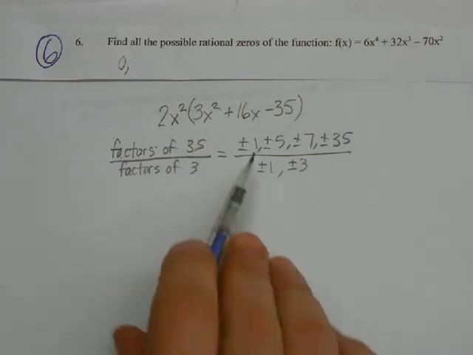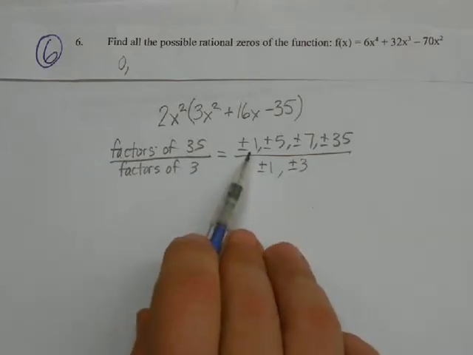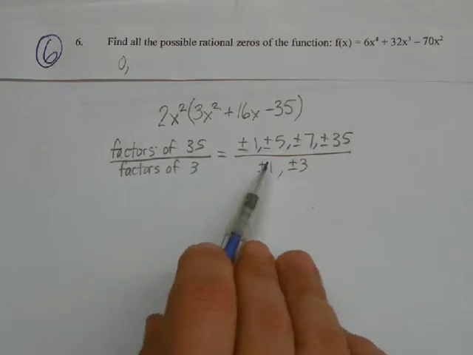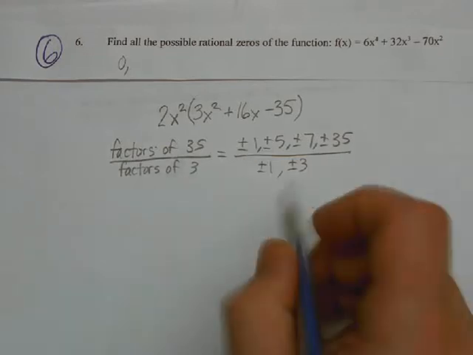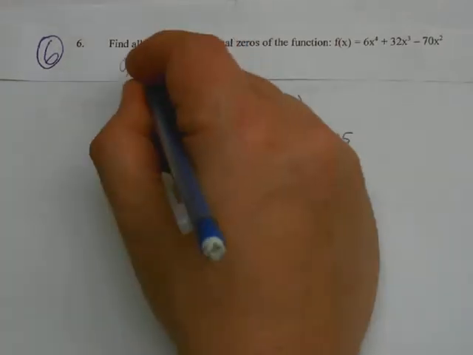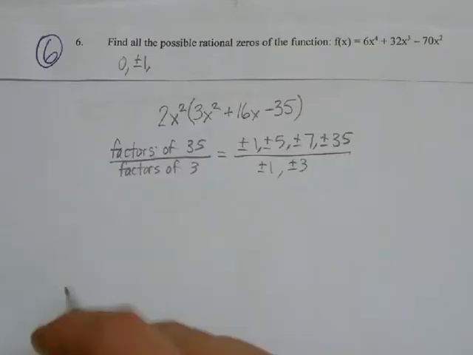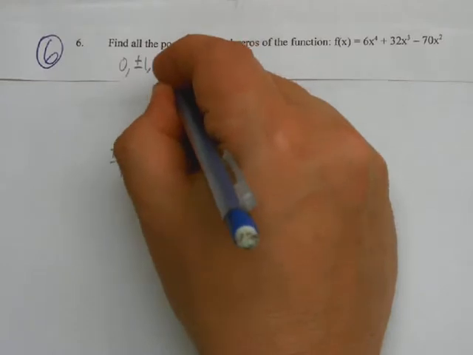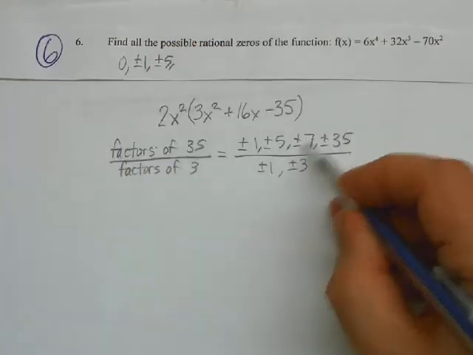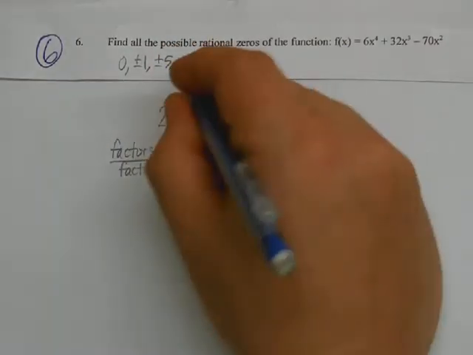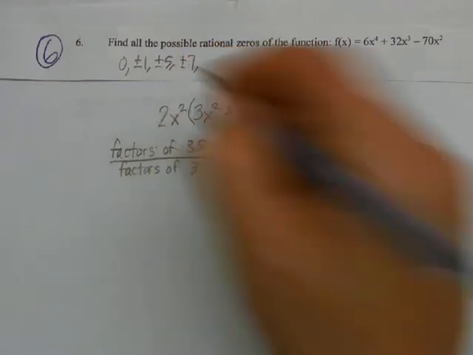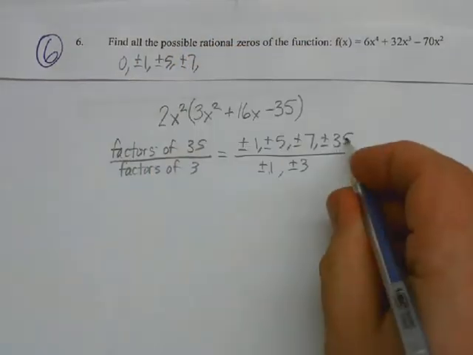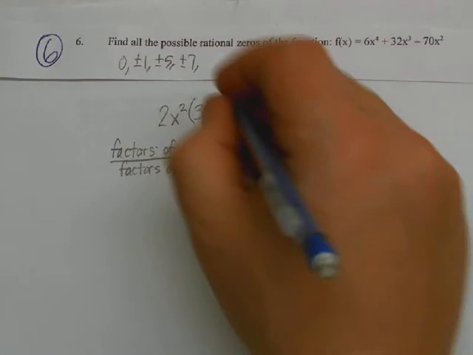So let's go ahead and do this systematically. I'm going to take each number of the top divided by 1 first. So 1 divided by 1 is 1, so I get plus or minus 1, plus or minus 5, plus or minus 7, plus or minus 35.